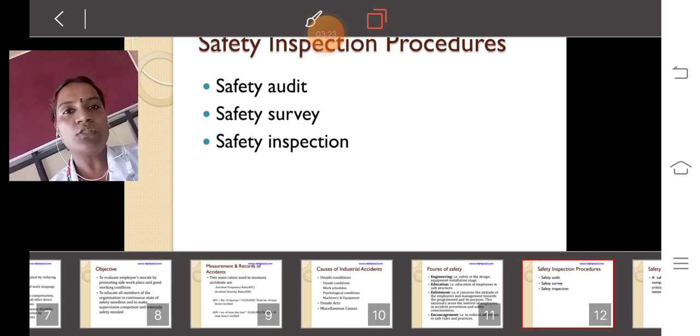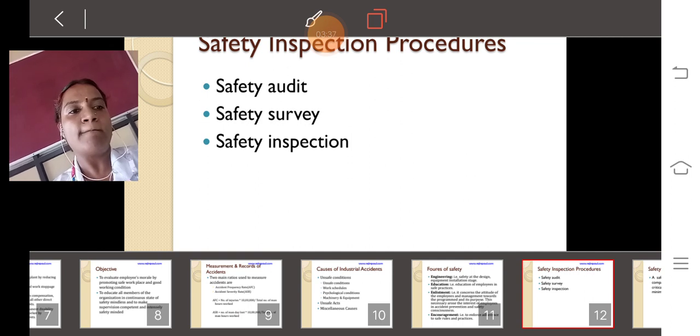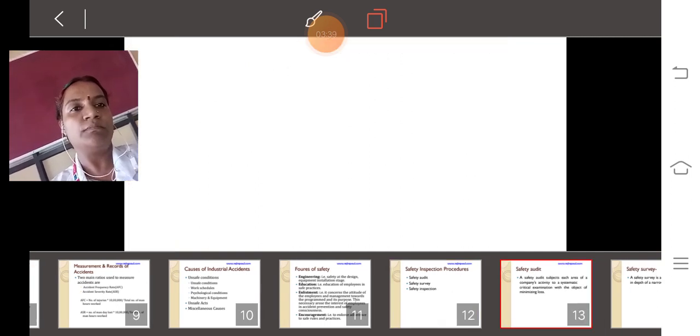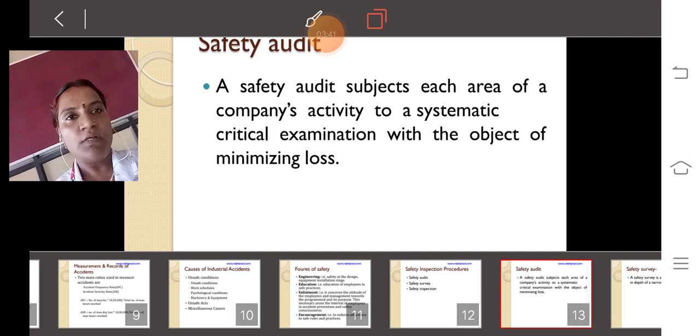These are majorly classified into 3: first one is safety audit, second one is safety survey, and third one is safety inspection.